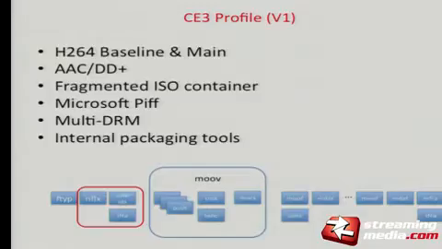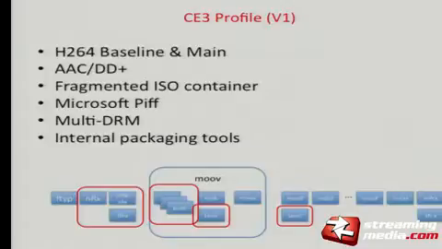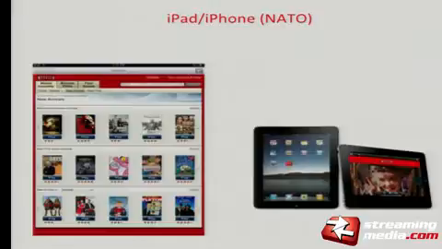So now we meet the 2-get requirement, and you can see the DRM boxes there. There's the DRM headers, there's a DRM box, and there's one at the sample level. So this is what we did for CE3 version 1. And then we just got that tooled up, and we got hit out of nowhere with this opportunity.